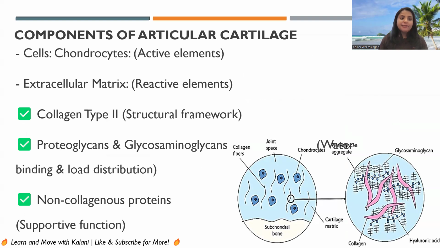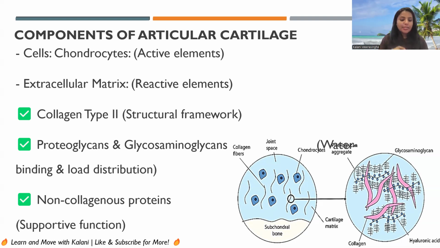The key players in the cartilage structure are chondrocytes and extracellular matrix. Chondrocytes are known as the active elements, whereas the extracellular matrix is considered the reactive element.